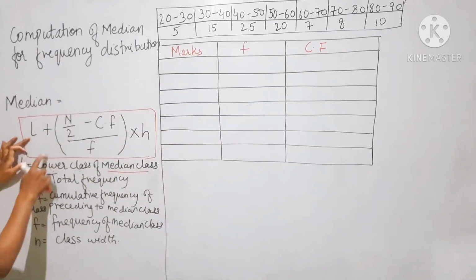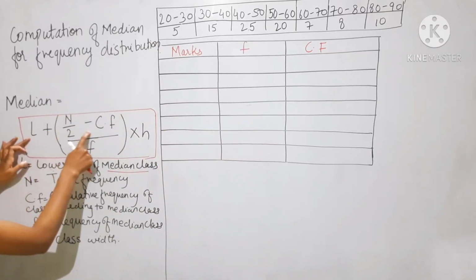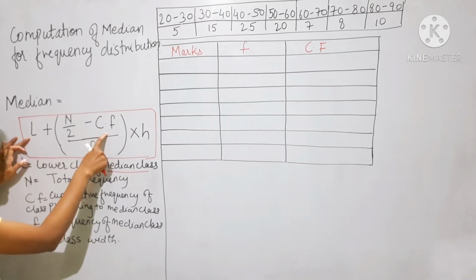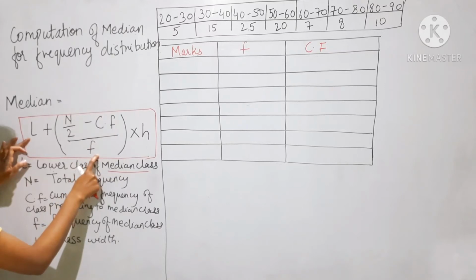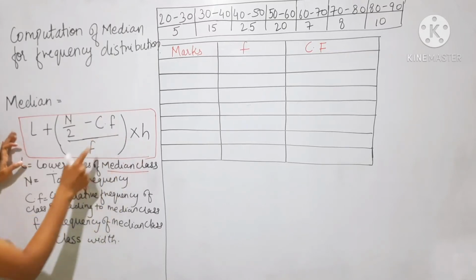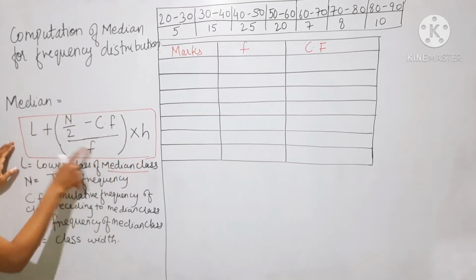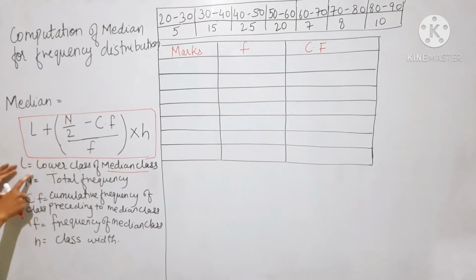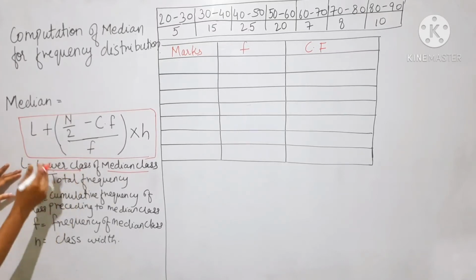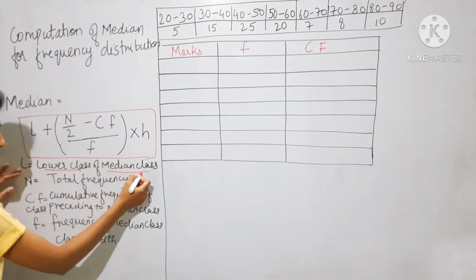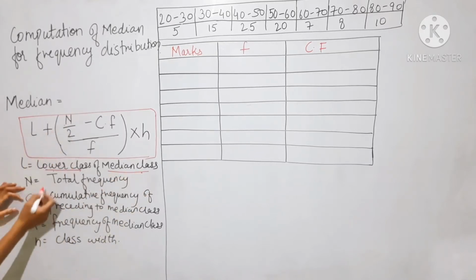So the formula is L + ((n/2 - CF) / f) × h. CF is the less than cumulative frequency. Now the explanation of this formula: L is the lower limit, or lower class boundary, of the median class. N stands for total frequency.